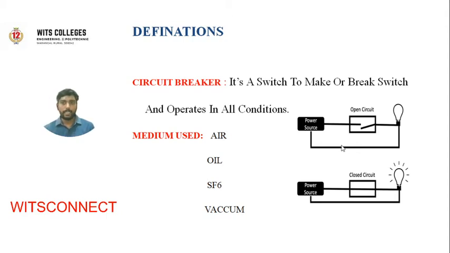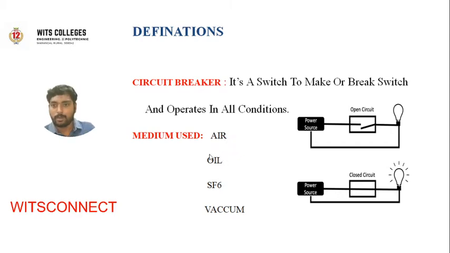We have to reduce that heat and control that heat. For that controlling purpose, we are using different types of mediums for the circuit breakers. Based on mediums, circuit breakers are classified in 4 ways. If the medium is air, it is called an air blast circuit breaker.